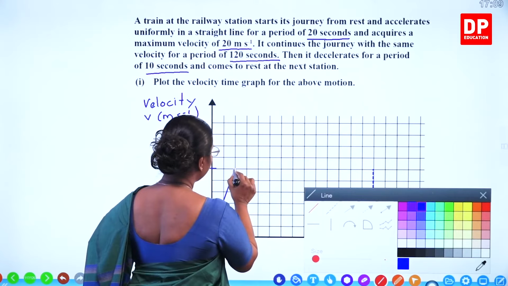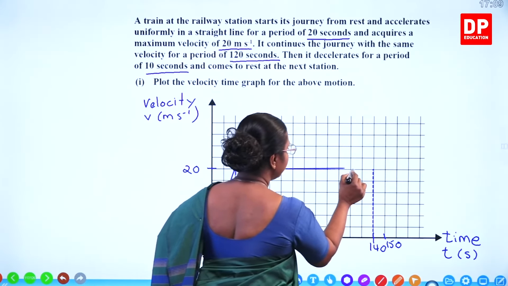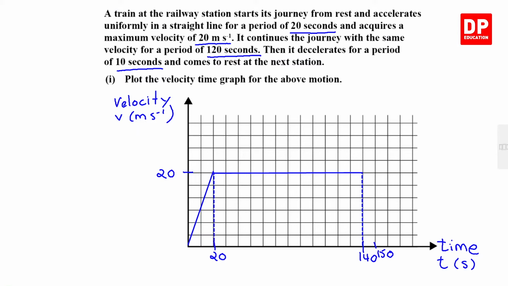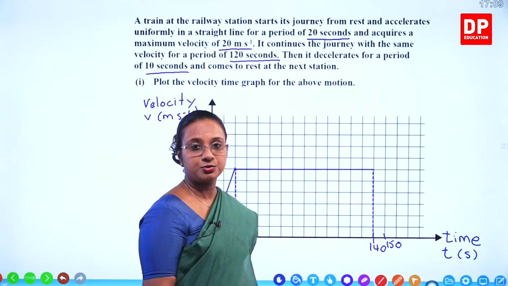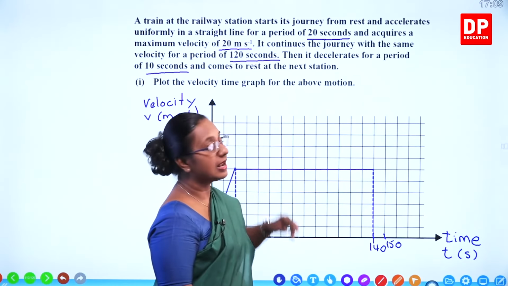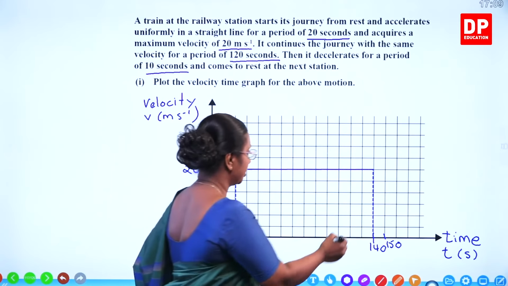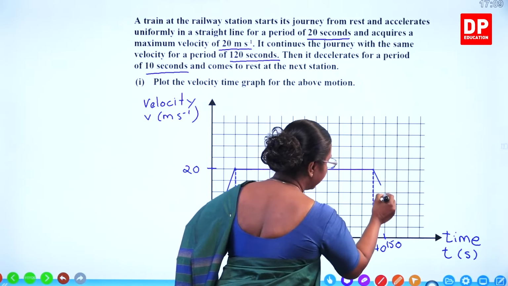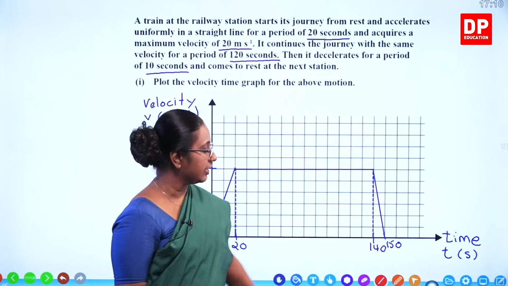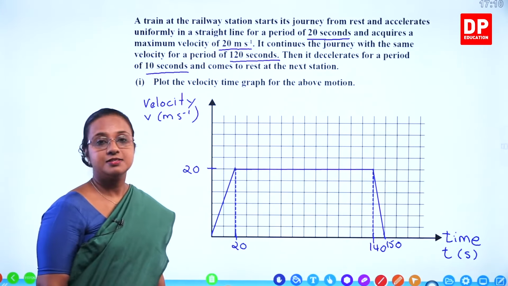So, I will plot that starting from here to here is uniform velocity. Then for the last 10 seconds, it is going to be deceleration and the train comes to stop at the next station. So, from here again, it comes to 0 at the end of 150 seconds.